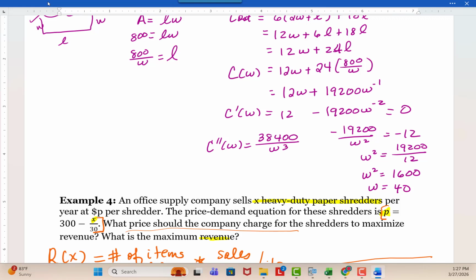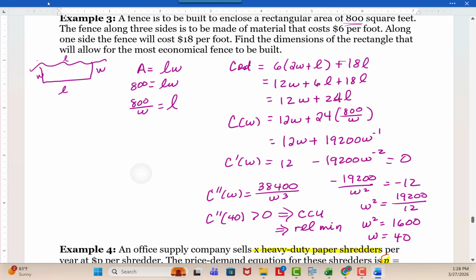I can look at this and tell that C double prime of 40 is going to be greater than 0, which means at this point we are concave up and we have a relative minimum, which is what we want. So this is our proof that this does indeed yield a minimum.